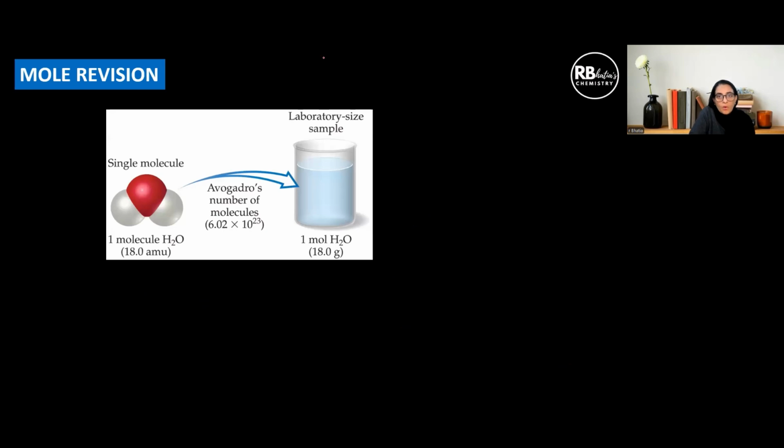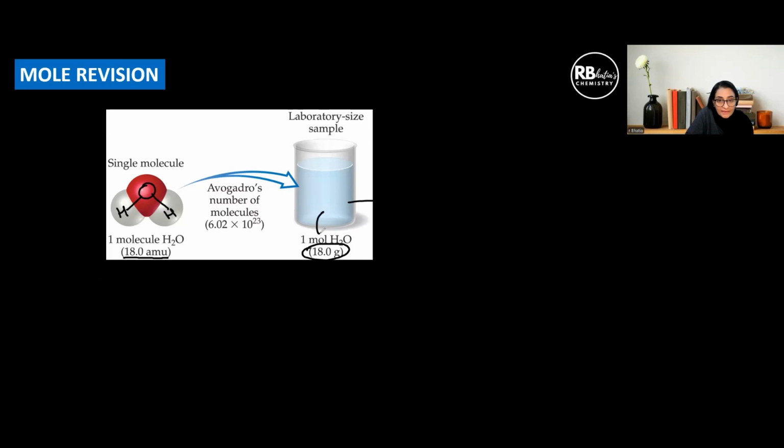Very important. Also visualize one molecule of water in the same way is going to weigh 18 U. This is one single molecule: hydrogen, oxygen, hydrogen. This is one single molecule of water weighing 18 U. And this glass of water, let us say this weighs 18 gram.